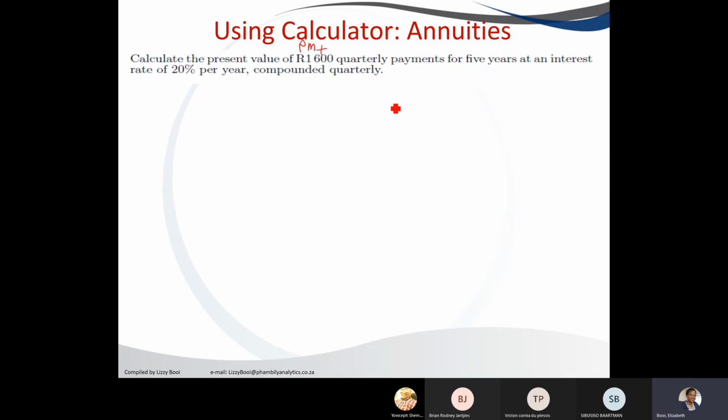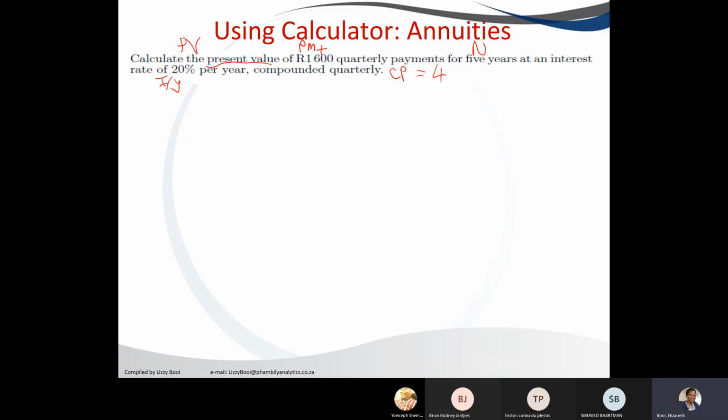We are also given 5 years, which is our N, and our interest, which is our I/Y, and it is compounded quarterly, which is equal to 4. If I know all these values and I know that I need to calculate PV, which is our present value.